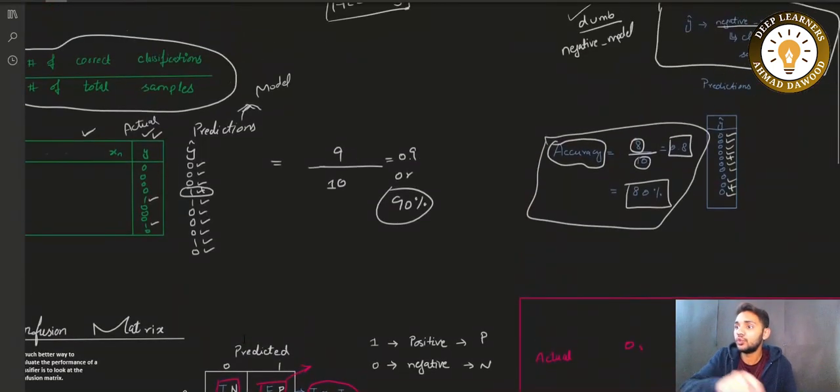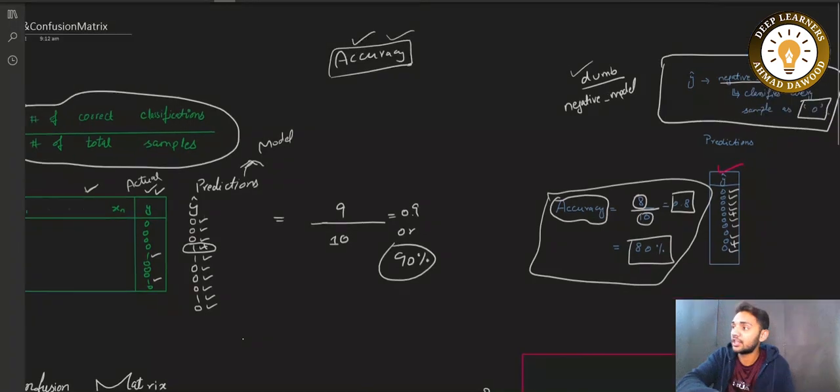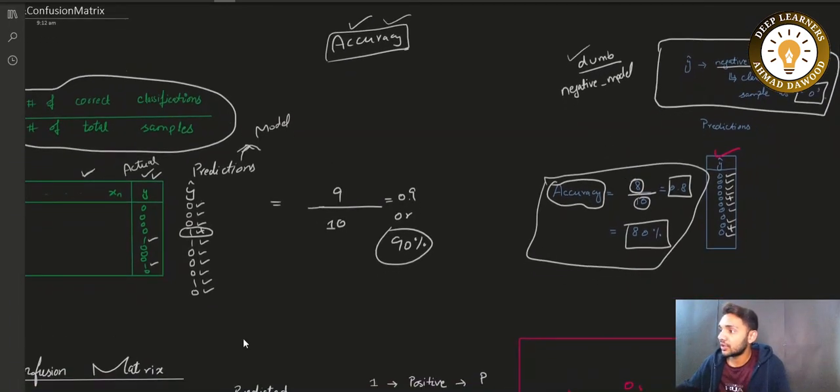So now let's see how you can use the confusion matrix. Let's say you are considering the same dumb model that has made negative predictions, but here your accuracy measure says 80%.